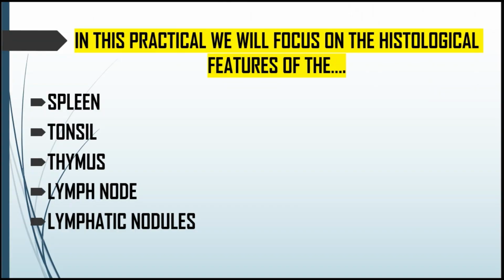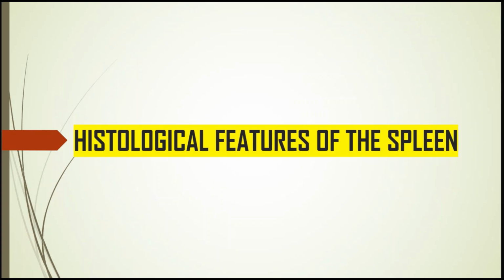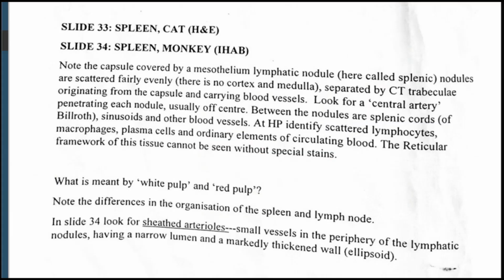Okay, so we're going to look at the spleen, the tonsil, the thymus, the lymphatic nodules, and the lymph nodes. When we look at all these, then our discussion for this histology lab would have been complete. Now let's look at the histological features of the spleen.